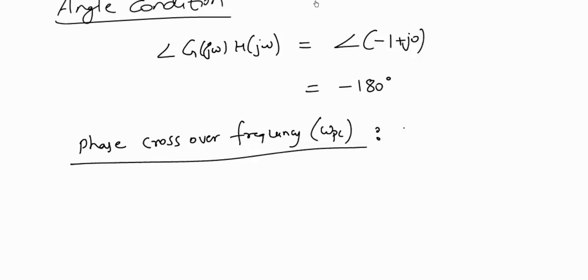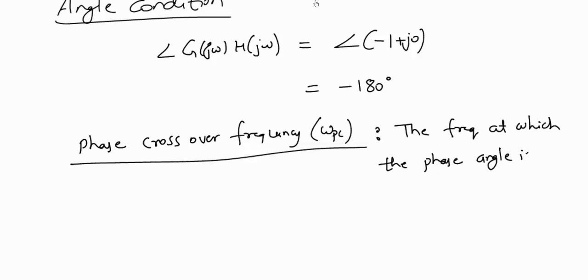So the frequency at which the phase angle is minus 180 degrees is called omega pc, phase crossover frequency.